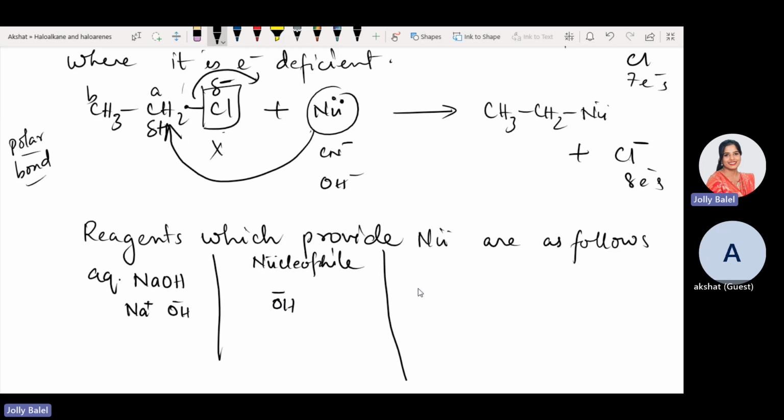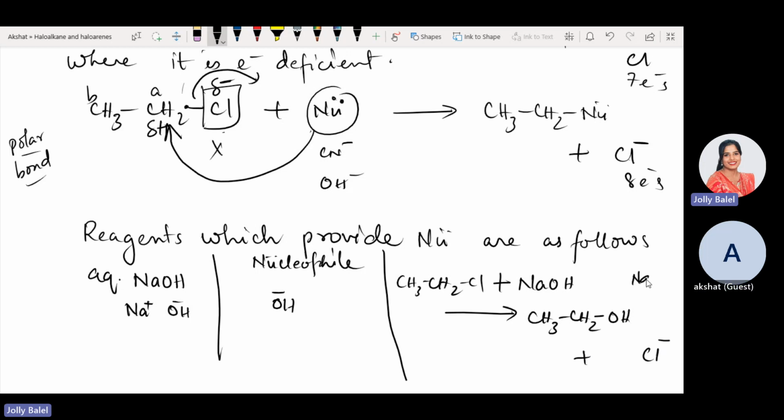If you are carrying out a reaction like CH3CH2Cl plus NaOH, what will be the product? CH3CH2OH. Cl minus will be removed and OH comes here, and Na plus moves to Cl minus, so it makes NaCl as a side product. So this is your main product.